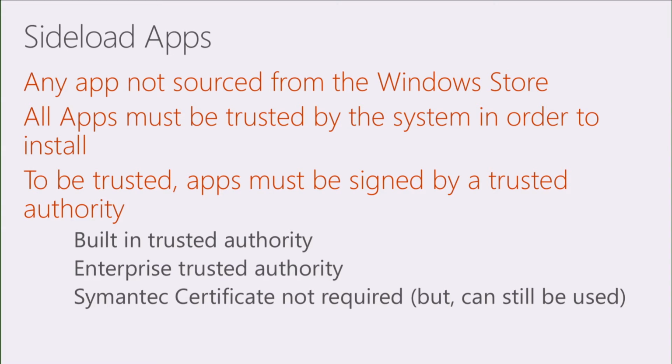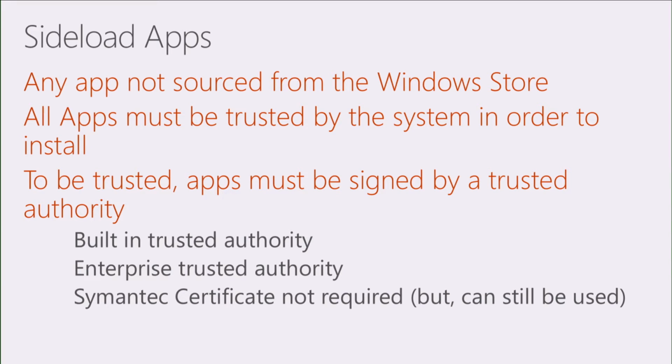Another way, for example, is that the original application developer could have gotten a certificate from one of the well-known signing providers, authentication providers out there, VeriSign, et cetera. These things are built into the system. So if they've gone and actually got a real signing certificate from one of these providers who go through a vetting process and make sure they're who they are and so on, then those can also be installed directly.